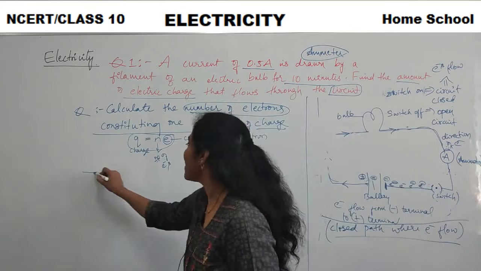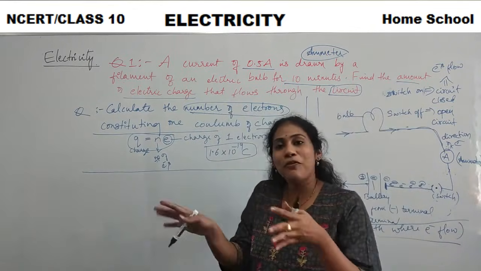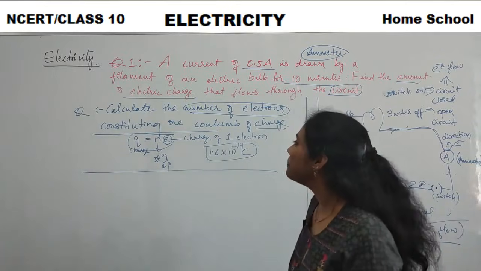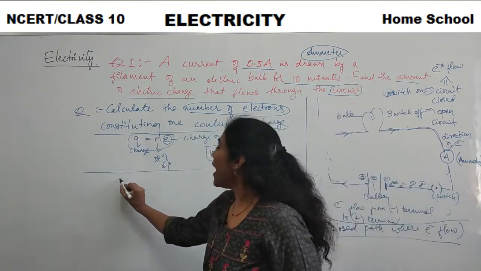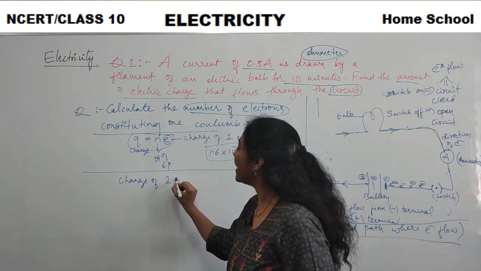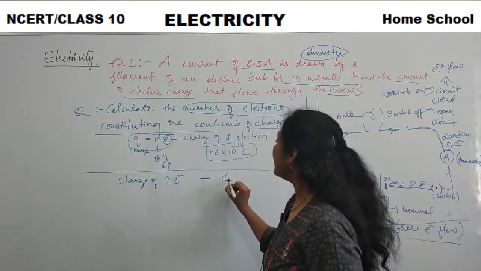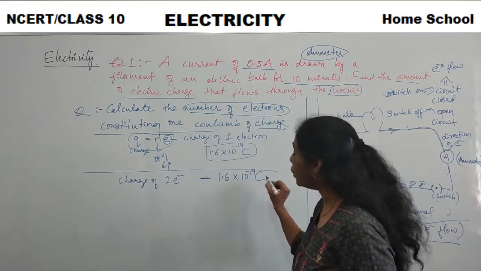Just in a simple way, with the help of cross multiplication, we can finish off the problem. I'll show you how. See here, we know charge of 1 electron is equal to 1.6 into 10 to the power of minus 19 coulomb.